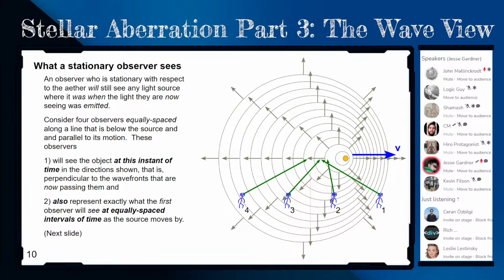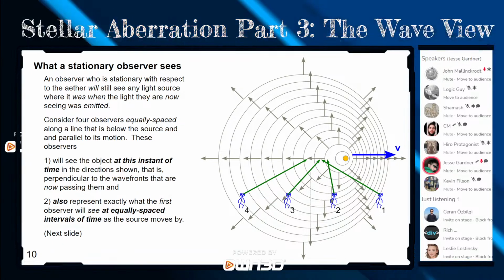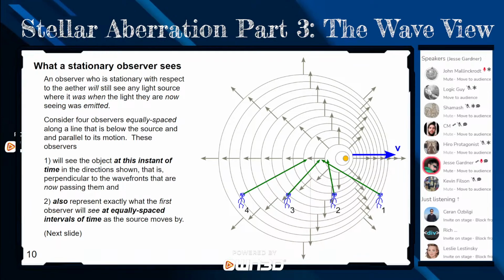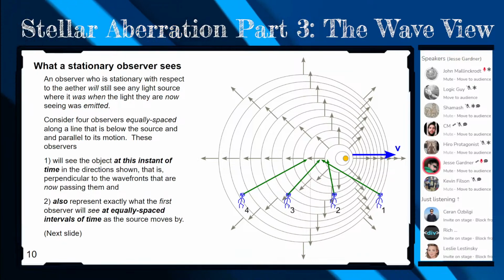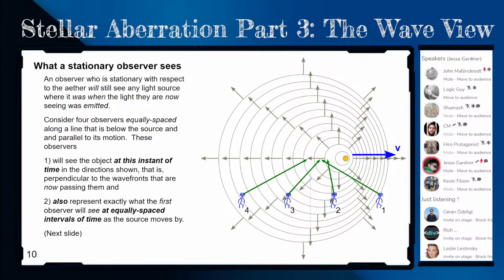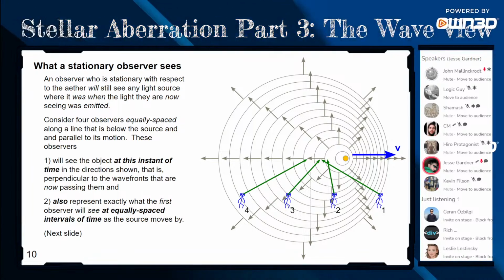Same thing. Notice that the light has gotten to observer 2 relatively quickly. He's not very far away from the place where the light was emitted when it got to him. The circle that's washing over him is a smaller circle, so it wasn't as long ago that the source was where he sees the light coming from.